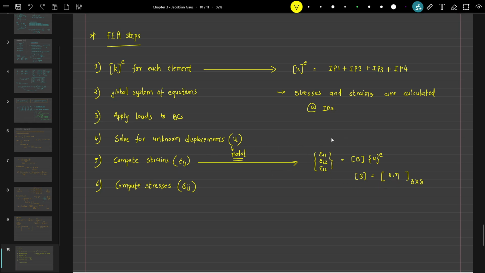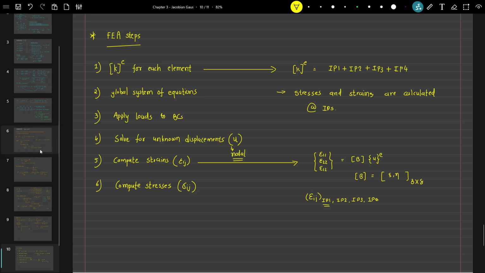So how are strains calculated at an integration point? We compute strain components at all the integration points. So IP1, then IP2. It is computed just by putting in the zeta eta.